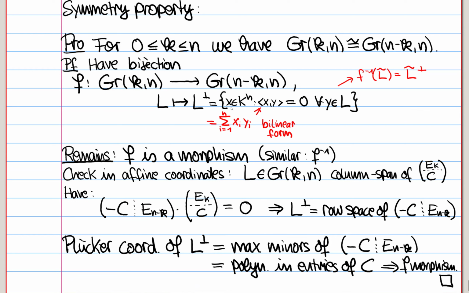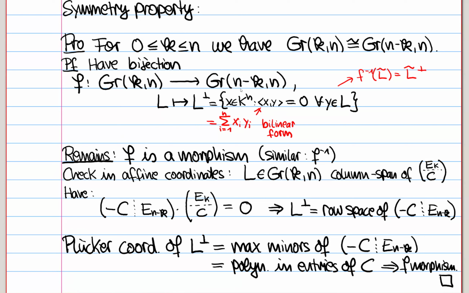In other words, it is the set of vectors x such that x, with this usual scalar product pairing, pairs to 0 with any y in the space L. And then from linear algebra, you know that if you start with a k-dimensional space and you have a non-degenerate bilinear form, then the orthogonal complement is of dimension n minus k. So this indeed gives such an element of this Grassmannian here.